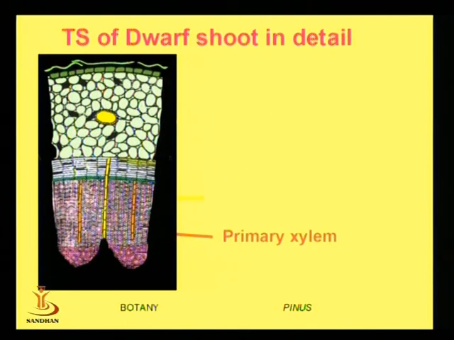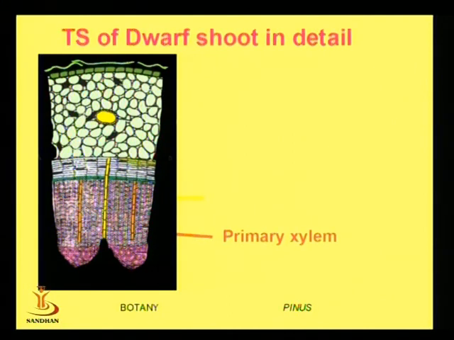Then, toward the center, when we move, we will find the presence of primary xylem, and this primary xylem is made up of protoxylem and metaxylem both. The protoxylem is found toward the center and the metaxylem is toward the periphery. This primary xylem shows a lot of difference from the secondary xylem, that is, the wood part.